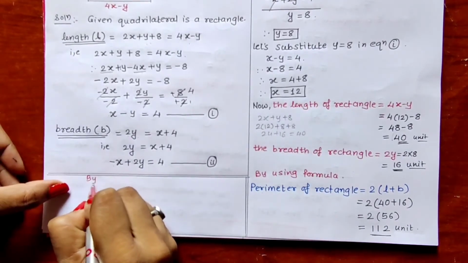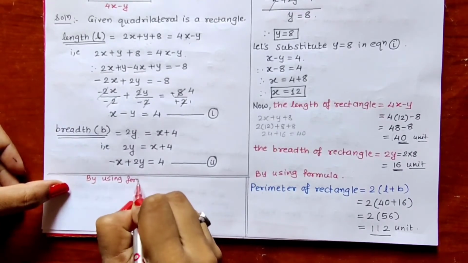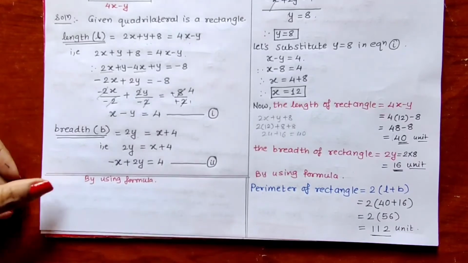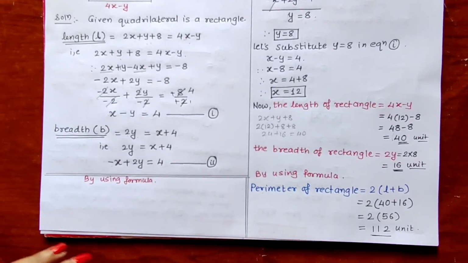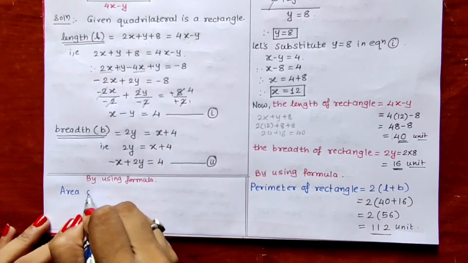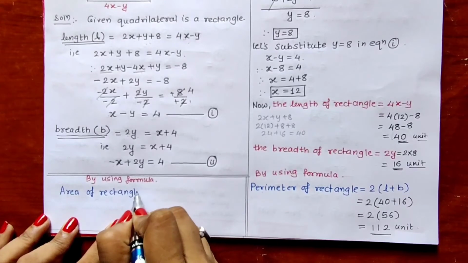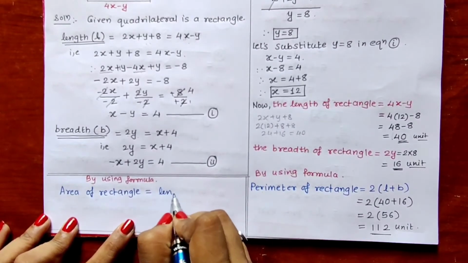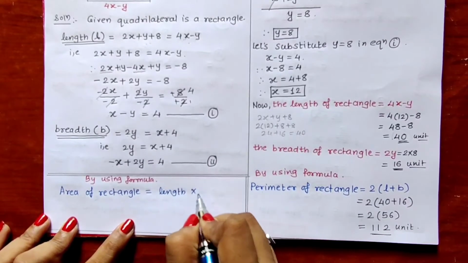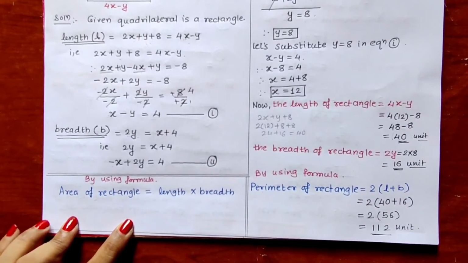By using formula, area of rectangle. What is the formula, children? You all have learned this formula. Length multiply by breadth. So in formula put the values and get the answer.